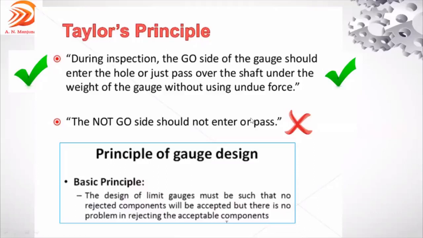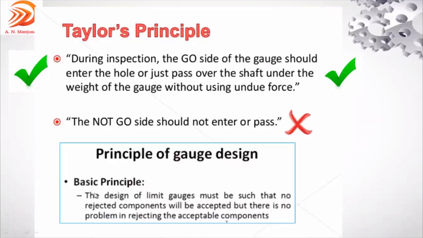So the basic principle is that the design of the limit gauges must be such that no rejected component will be accepted. But there is no problem in rejecting the acceptable component.